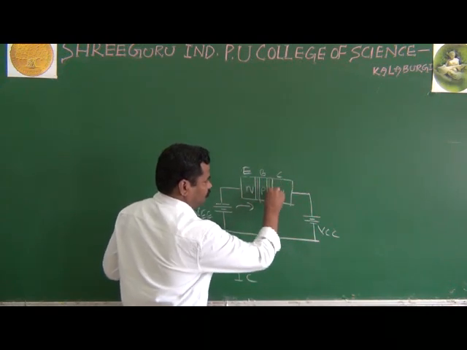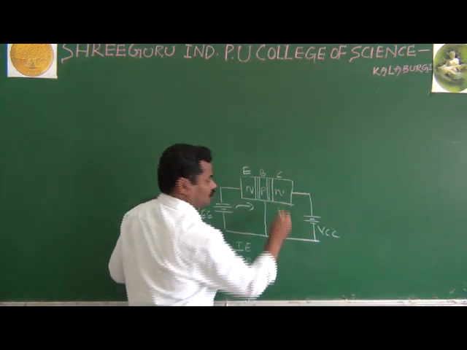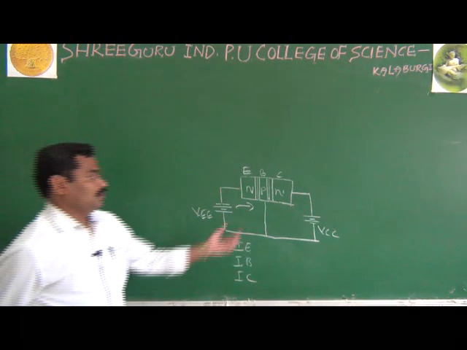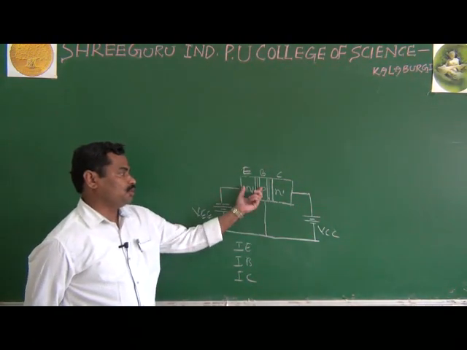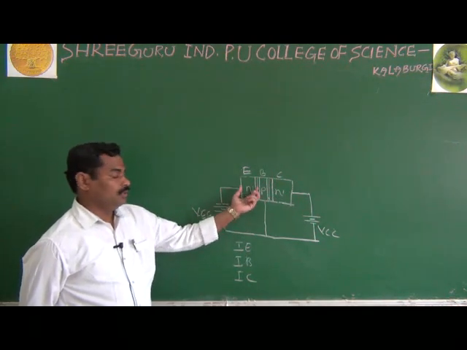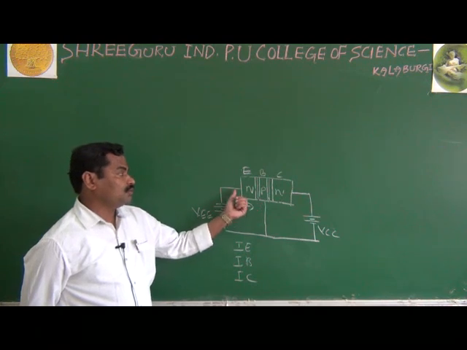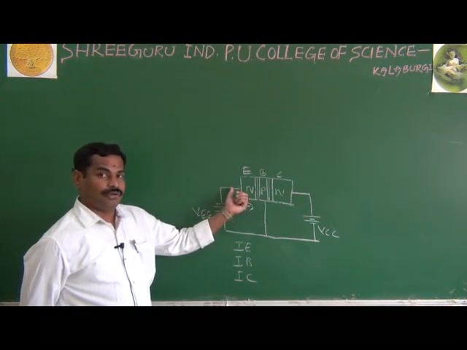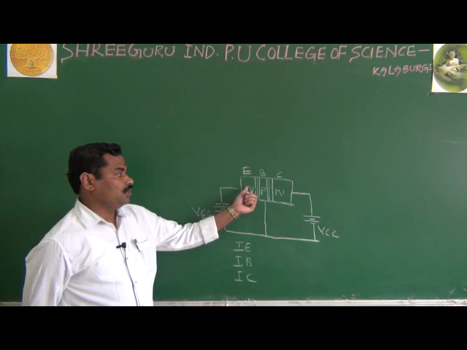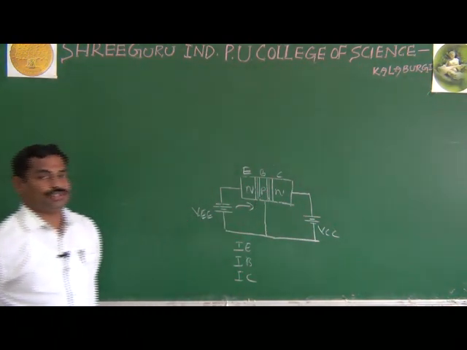As we know already, because of the forward bias, the emitter-base depletion layer is very small, since in forward bias the depletion layer decreases. The electrons are repelled by the negative battery and move towards the base.